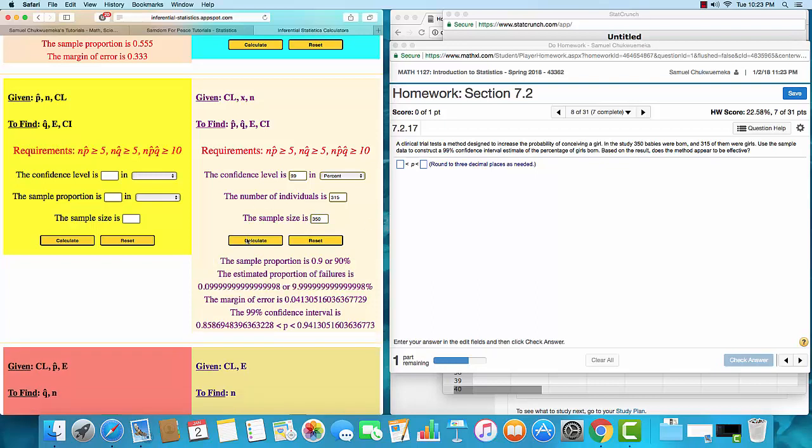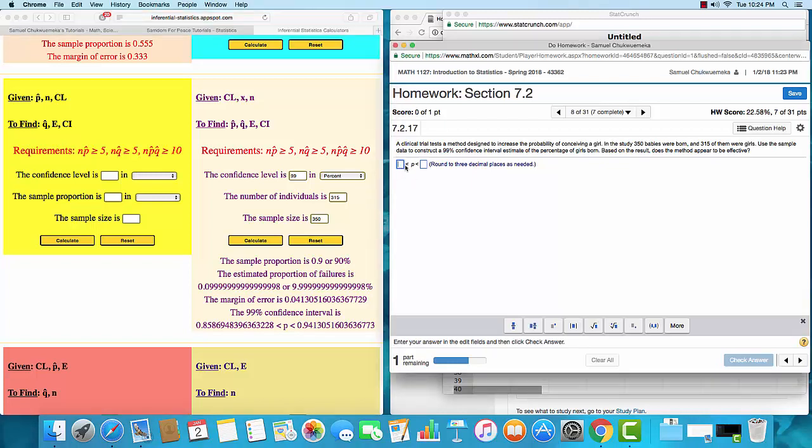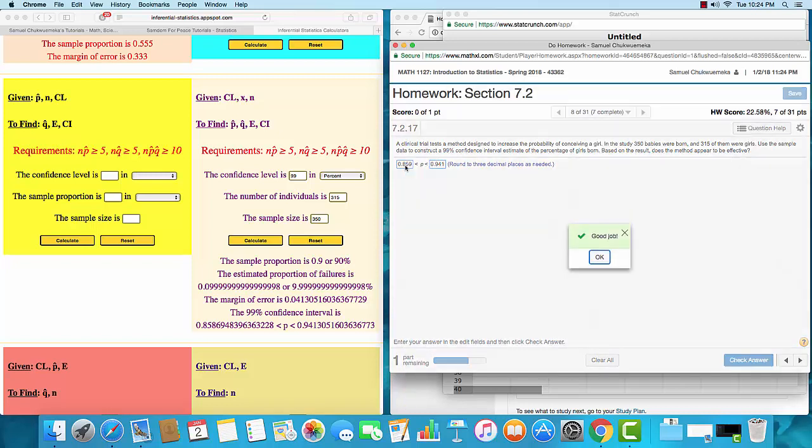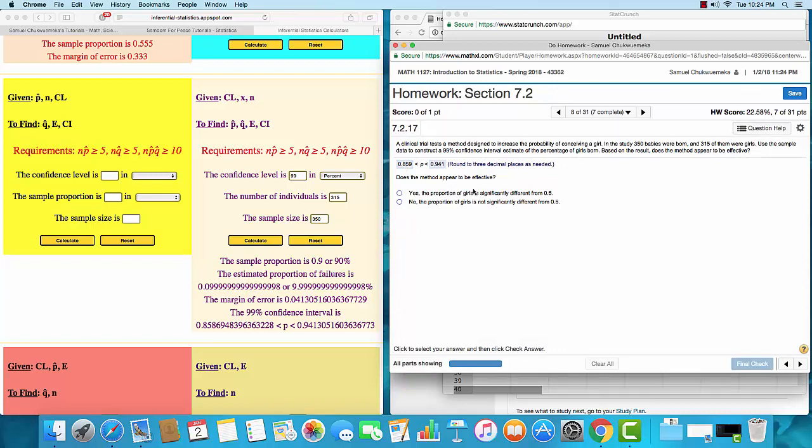Calculate. So the 99% confidence interval to 3 decimal places would be 0.859, that is the lower bound, and then 0.941 upper bound.